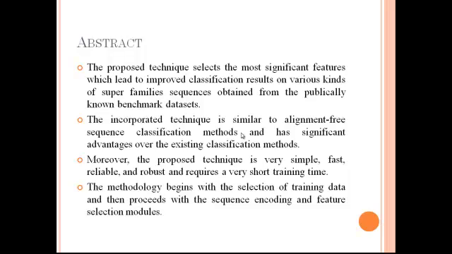In our project there are 4 steps involved. First, we select the variable length protein sequence. Second, sequence encoding with the combinations of N-gram descriptor frequency based encoding method. Then feature selection with a statistical metric based technique, and training a classifier.